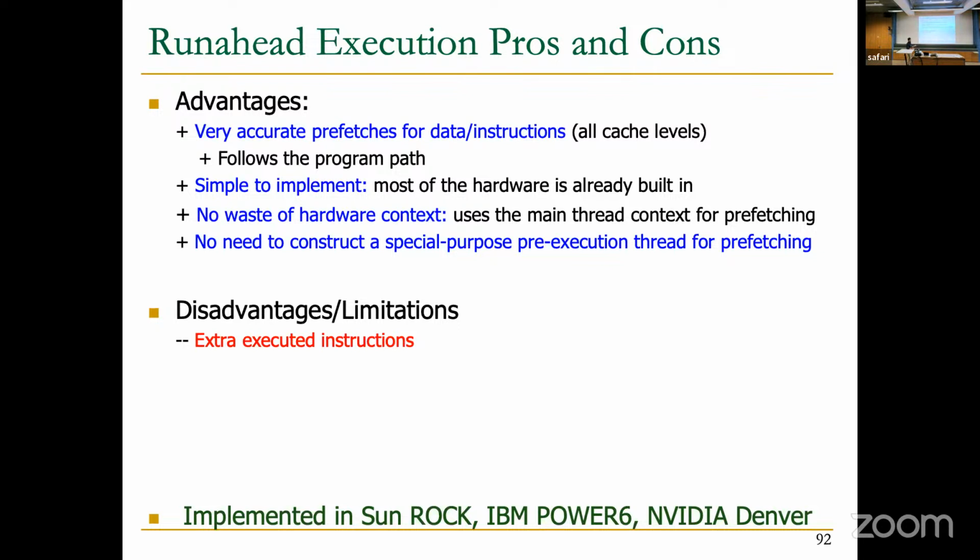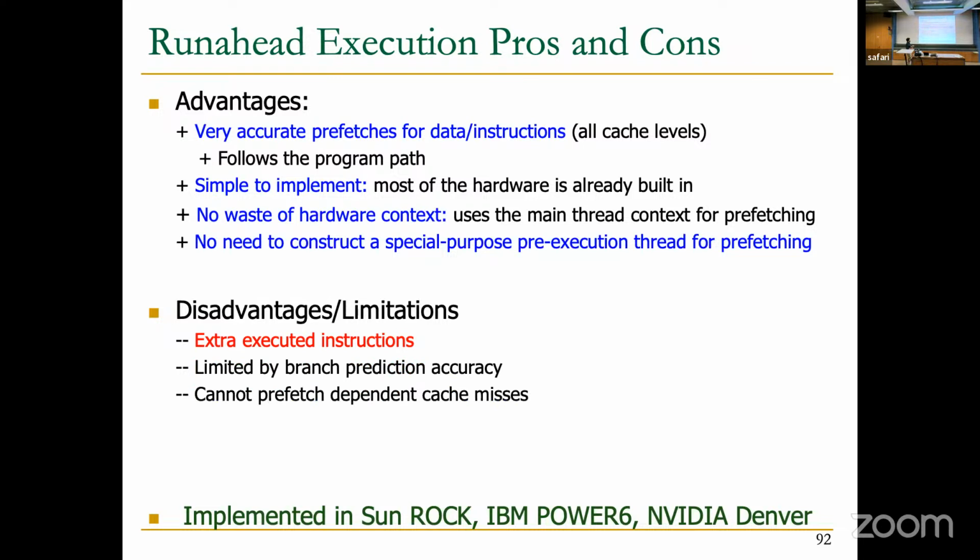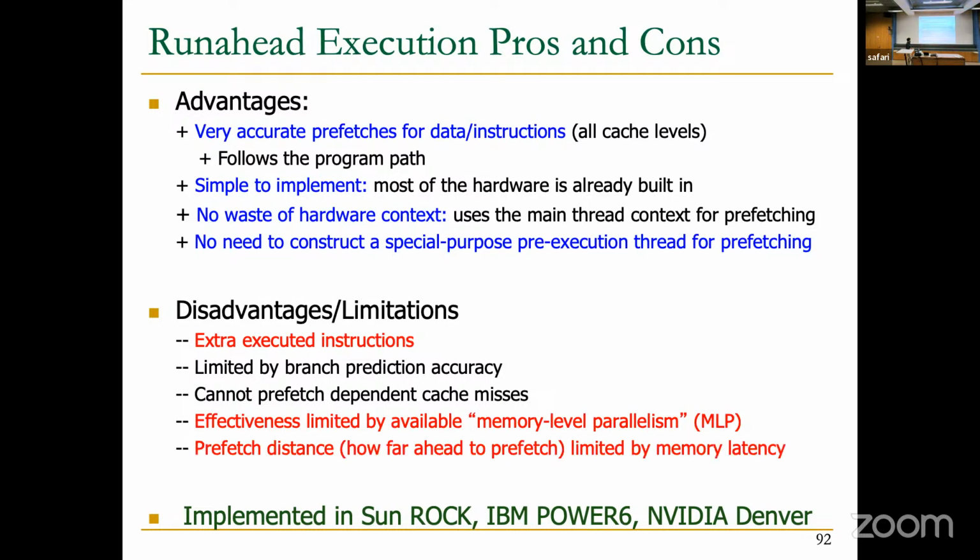So you need to make it more efficient, and it is limited by branch prediction accuracy. As I said, it cannot prefetch dependent cache misses, so it cannot execute any instruction that is actually dependent on the original instruction that you are waiting on. So unless that comes back, you cannot execute. At least the original proposal is like that. And its effectiveness is limited by the memory level parallelism that I just said.